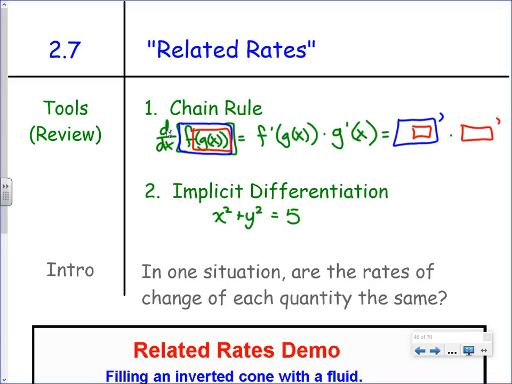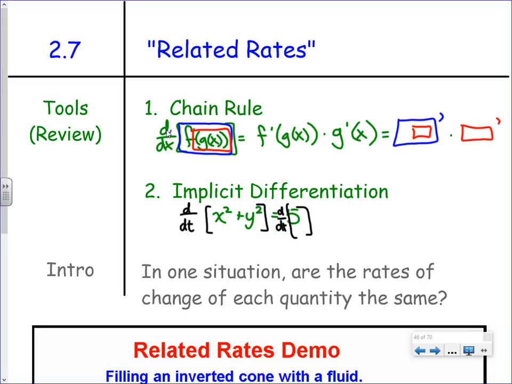What if I take the derivative? Let's see if we can figure this out. With respect to t. This is weird. That's getting you ready for related rates.